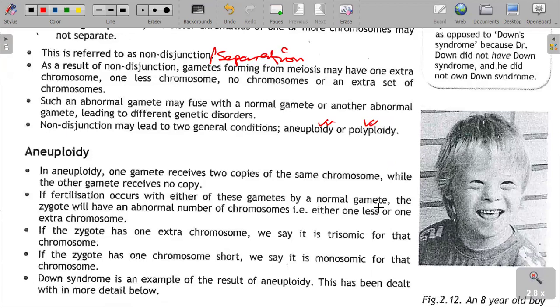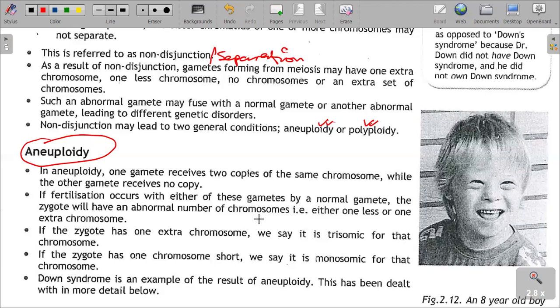In aneuploid, one gamete receives two copies of the same chromosome, while the other gamete receives no copy. It has nothing. So if fertilization occurs between either of these gametes and a normal gamete, the zygote will have an abnormal number of chromosomes, either one less or one extra chromosome.